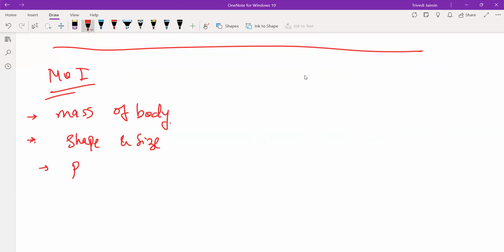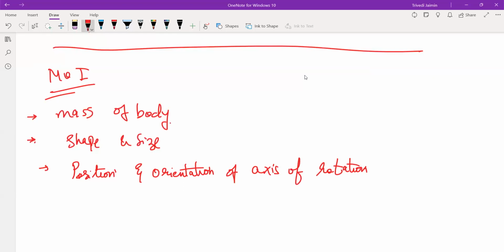Again, it shows position and orientation about its axis of rotation. So distribution of mass is about its axis of rotation.